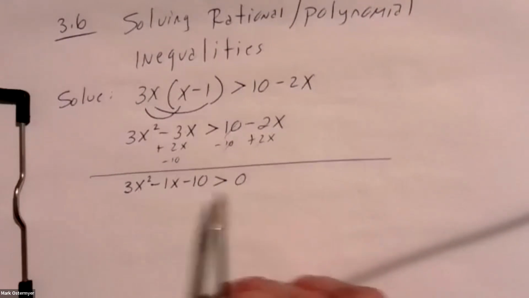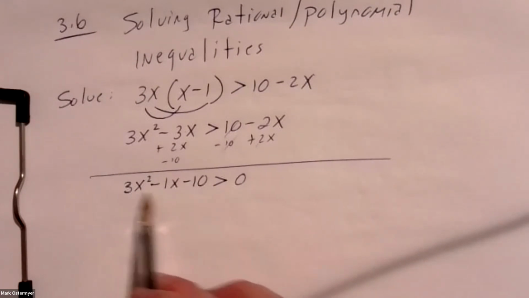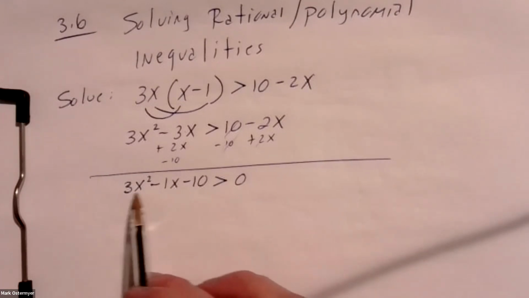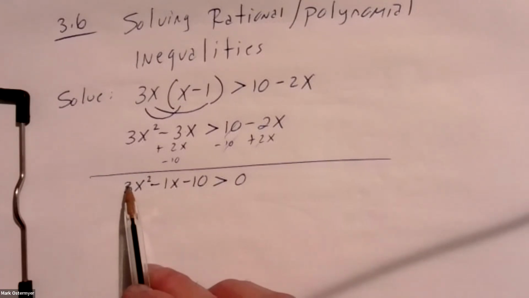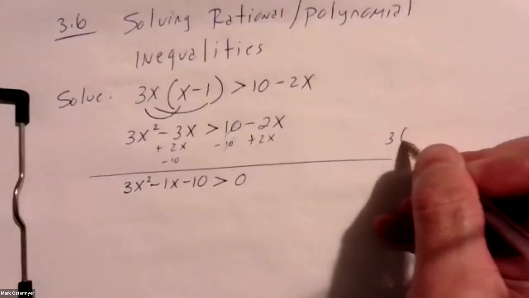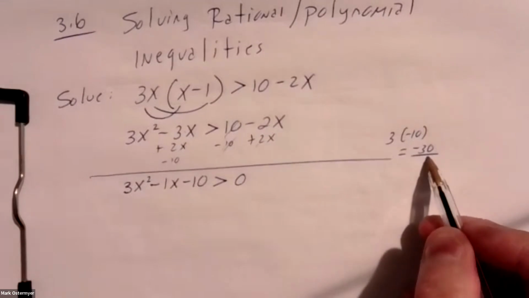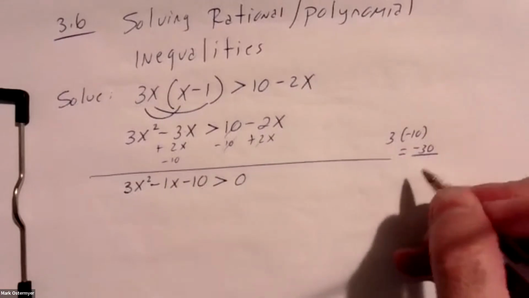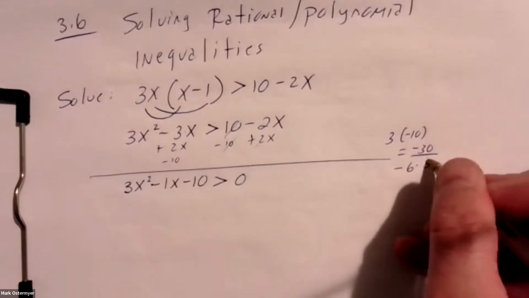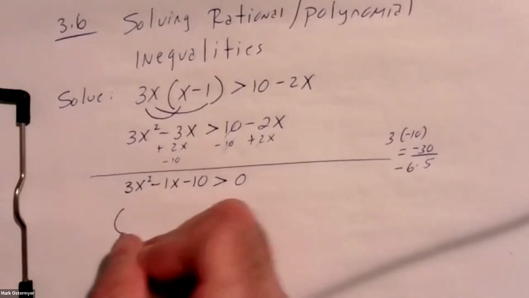Now that we have 0 on one side of our inequality, I'm going to factor the non-zero side completely. We must factor this trinomial. Quick check, does it factor? We better hope so. 3 times negative 10 is negative 30. Are there two factors of negative 30 that add up to negative 1? They do. Negative 6 and 5 would fit the bill. Therefore, this trinomial will factor.